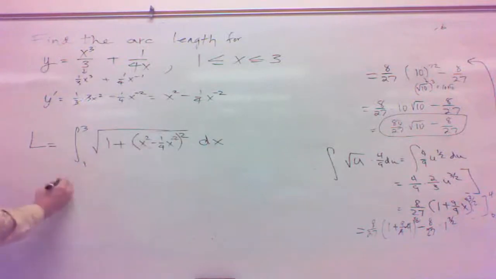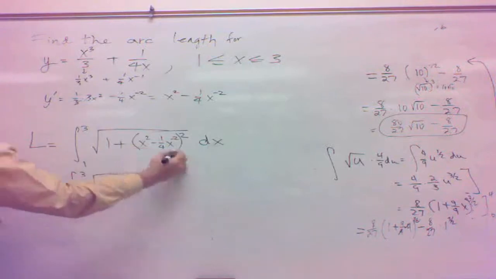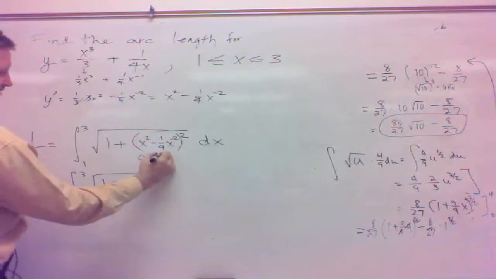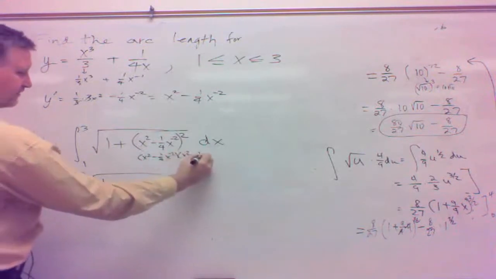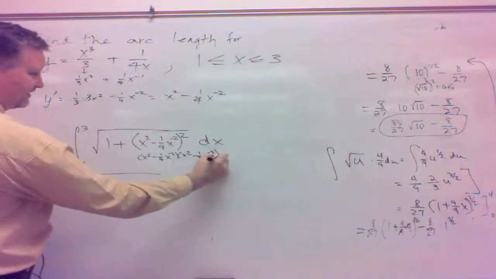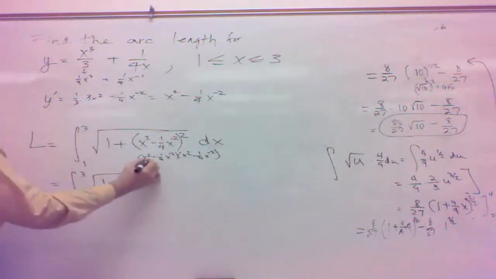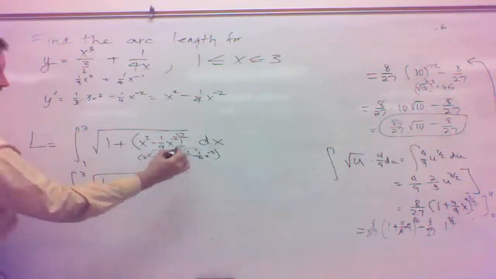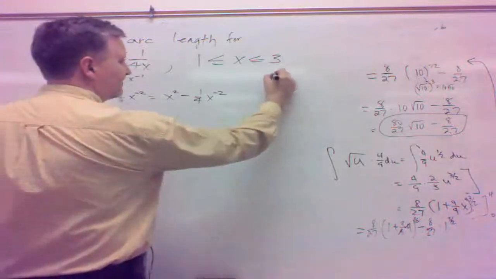All right, well, let's square that out and see what happens. It'd be 1 to 3, square root of 1 plus, okay, what is that squared out? x squared minus 1/4 x to the minus 2 times x squared minus 1/4 x to the minus 2. Well, x squared and x squared would be x to the 4th. Now, this is where it turns out nice. x squared times minus 1/4 x to the minus 2, what does that come out to?